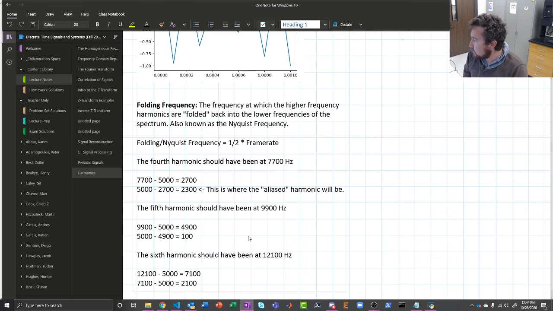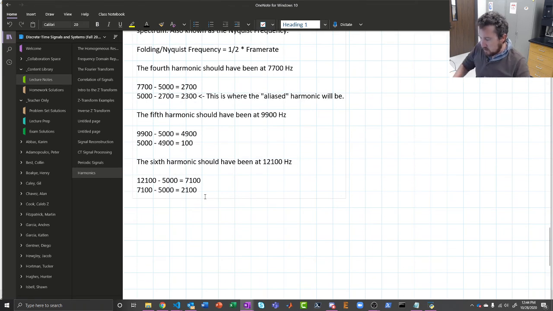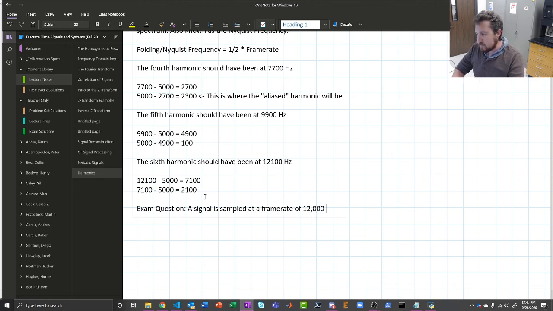All right. So any questions about aliasing, or how to describe the spectrum and how to predict where the aliased harmonic would be? So you might expect an exam question that looks something like this. Let's say a signal is sampled at a frame rate of, I don't know, let's call it 12,000 hertz.